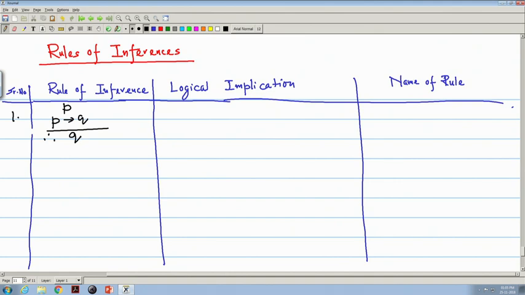The logical implication is nothing but the compound proposition that implies the final result. So, it is P and P implies Q, that implies Q, and the name of the rule we have already seen, this is called the modus ponens.